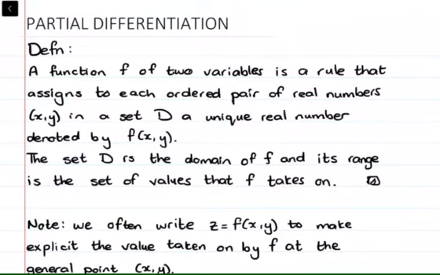That means that a function of several variables is something like f of x, y, instead of having f of x, or g of x. So now our functions have more than one independent variable.